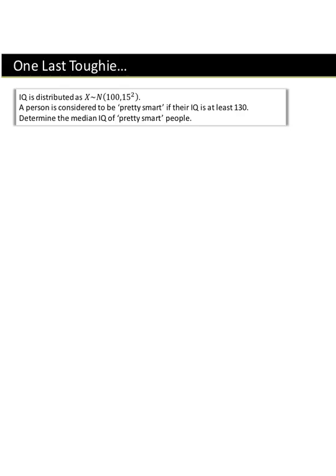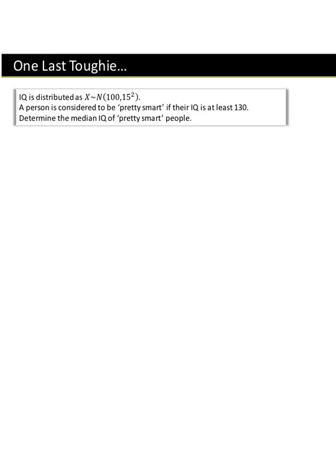This is quite a tricky question. We've got IQ is distributed as x, a random variable x, with a normal distribution of mean 100 and a standard deviation of 15. So a person is considered to be pretty smart if their IQ is at least 130. Determine the median IQ of pretty smart people.